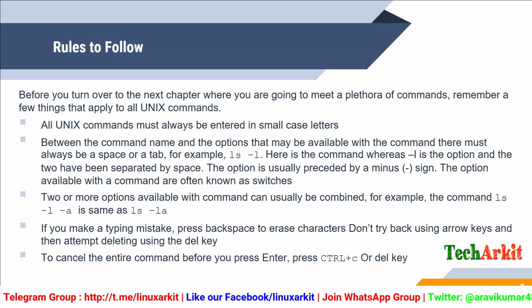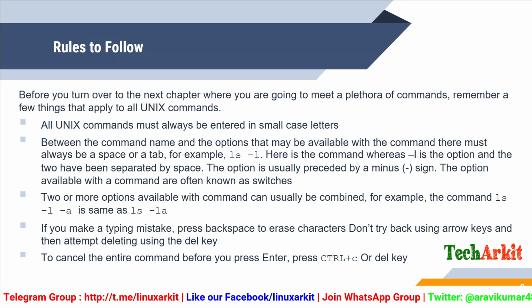Between the command name and the options that may be available with the command, there must always be a space or tab. For example, if you want to execute ls -l, you type ls, space, -l. Here ls is the command, whereas -l is the option, and the two are separated by a space.